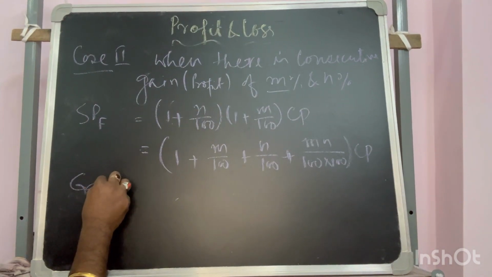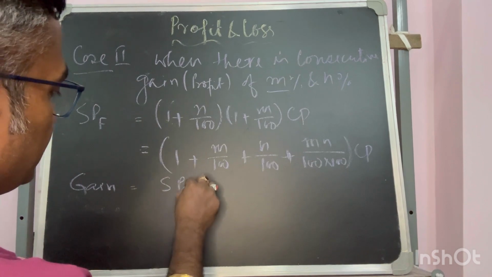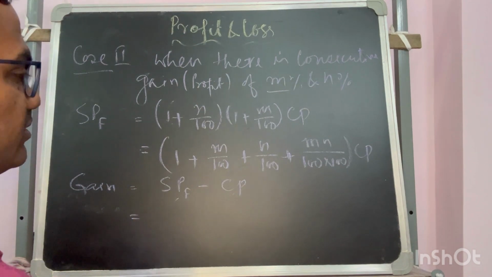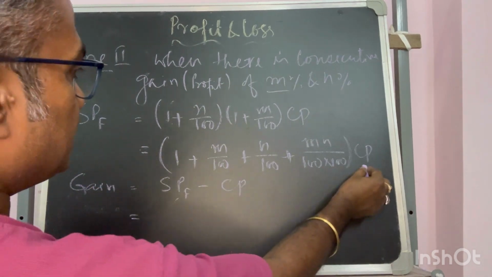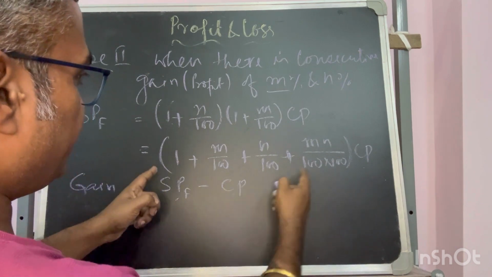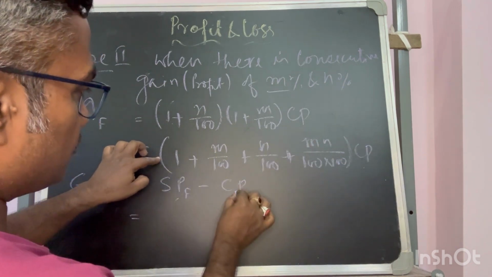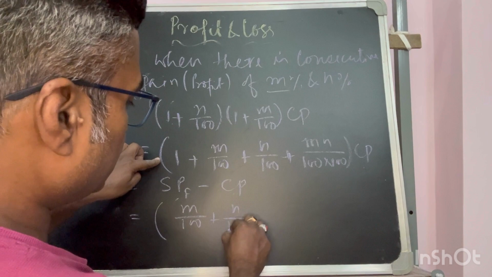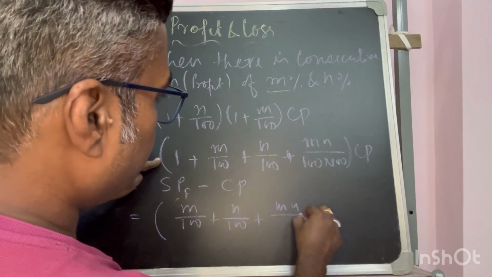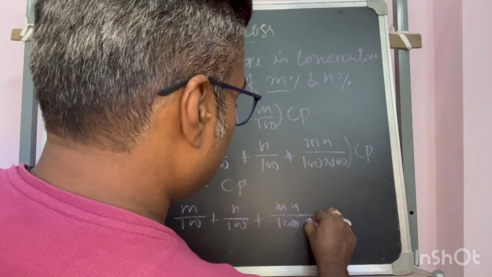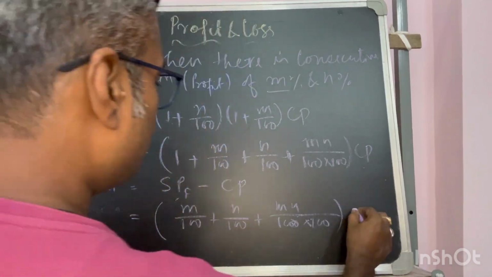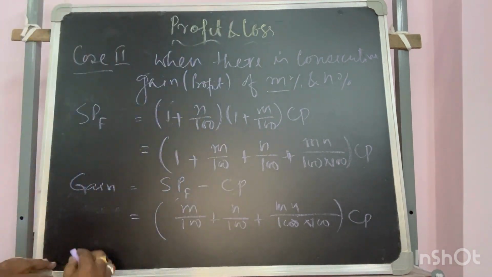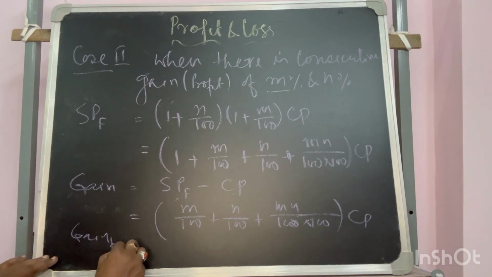Now what is the gain? The final SP minus the initial cost price is the ultimate gain. If I deduct CP from this, the 1 into CP will be deducted. The only thing left is M by 100 plus N by 100 plus MN by 100 into 100, into CP. Now the gain fraction is what?